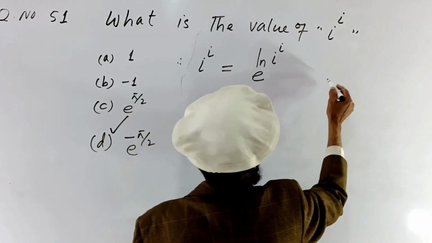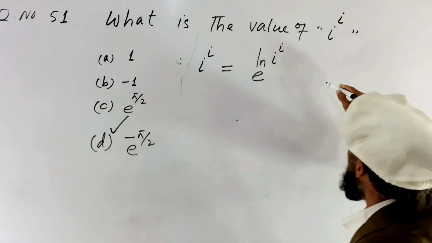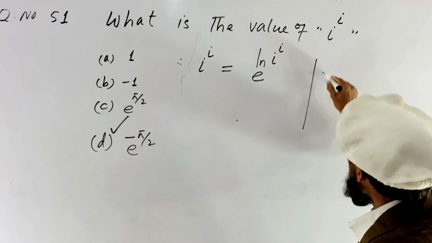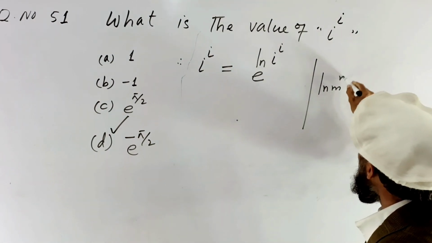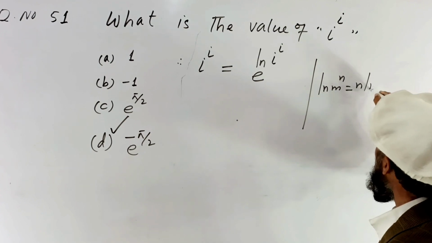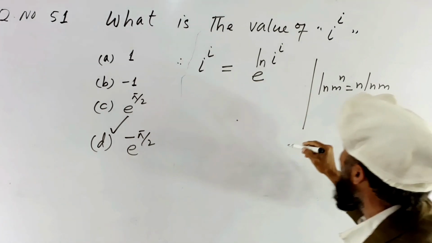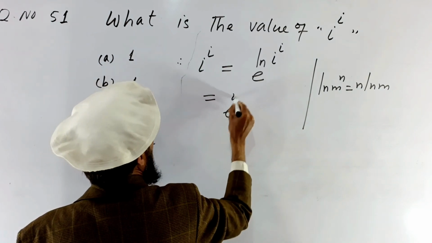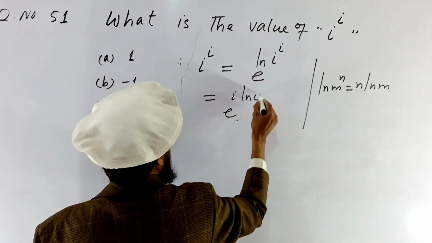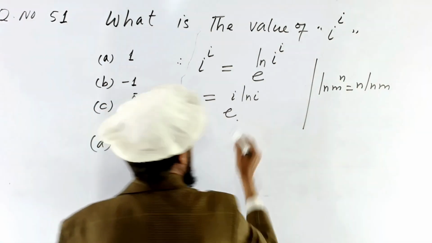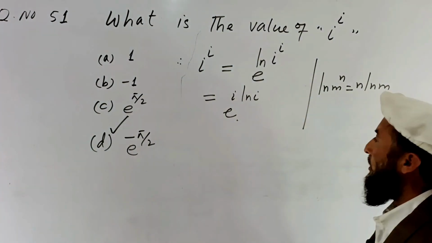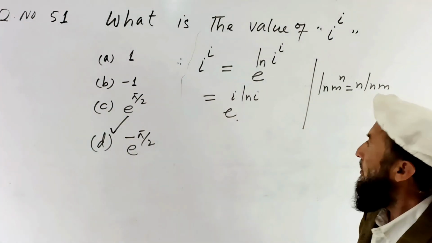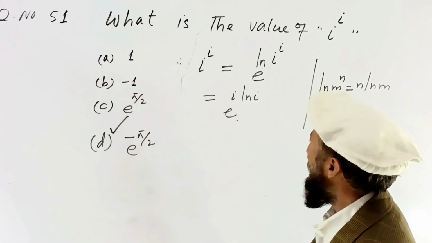We use the logarithm formula: log of m power n is equal to n log of m. According to this formula, we expand this as e power iota log of i, and for log of i we use the argument form.